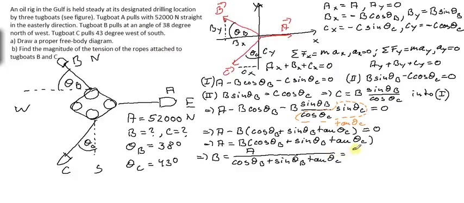So this is 52,000 Newton divided by the cosine.